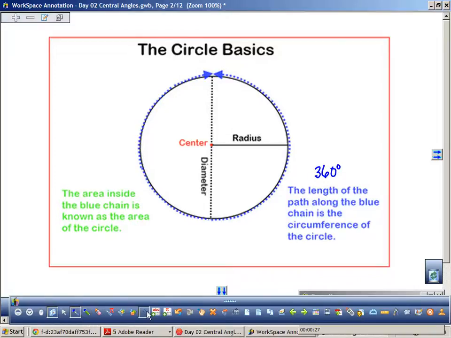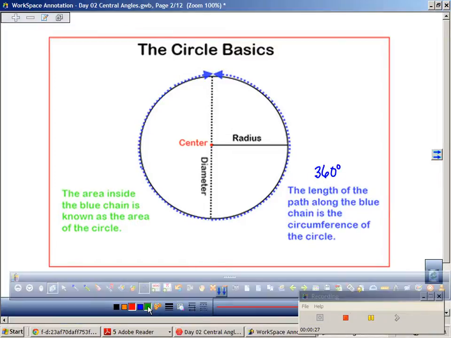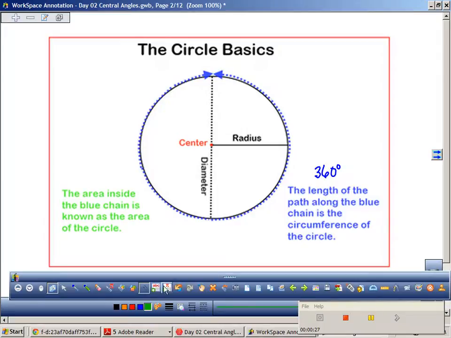Let's see, the line all the way across, let's change it to green. That would be my diameter. And of course my center is in the middle.